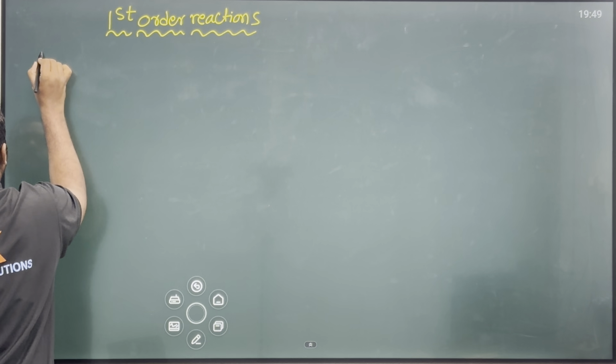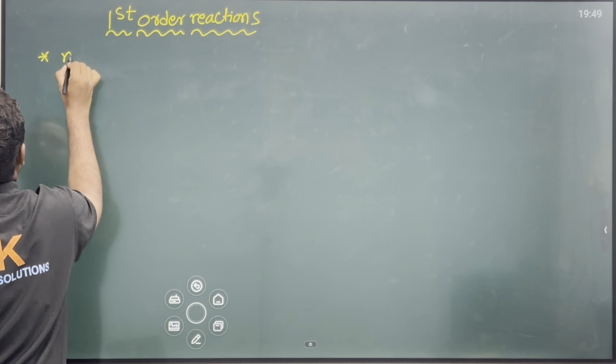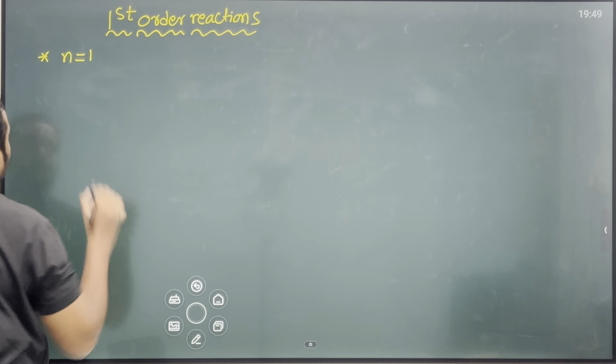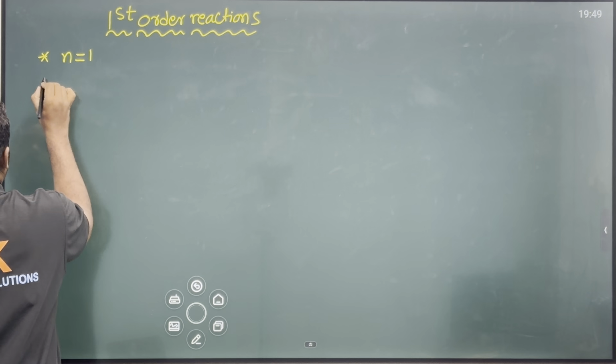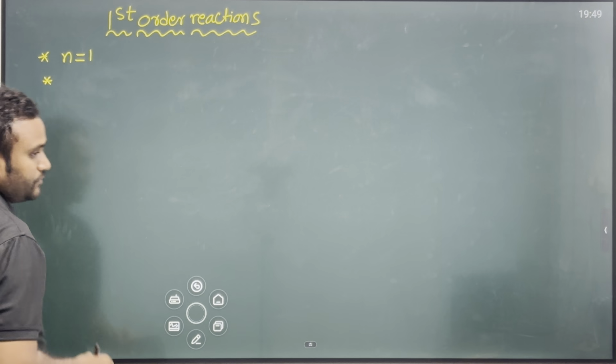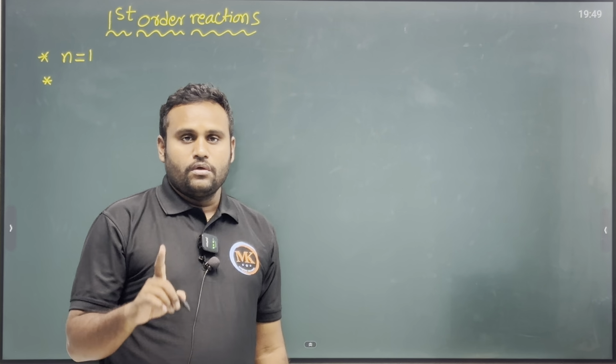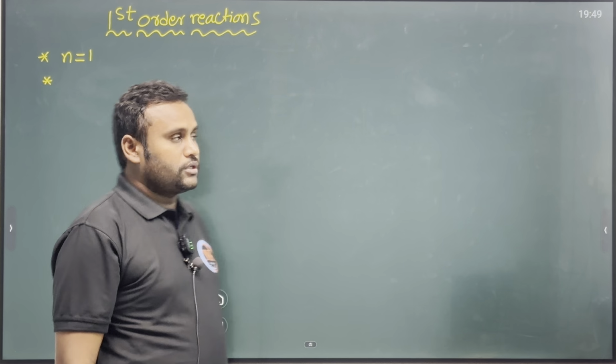We know first order reaction means here n is equal to 1. So the order of reaction is equal to 1, that is called a first order reaction, or the rate of reaction is directly proportional to the first power of the concentration.